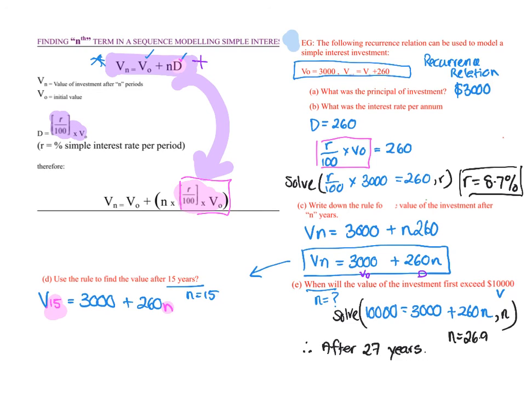So that means this will become 15. So it'll be equals 3,000 plus 260 times 15. And you'll do that, okay, so that ends up being 6,900. So that's the value of it.